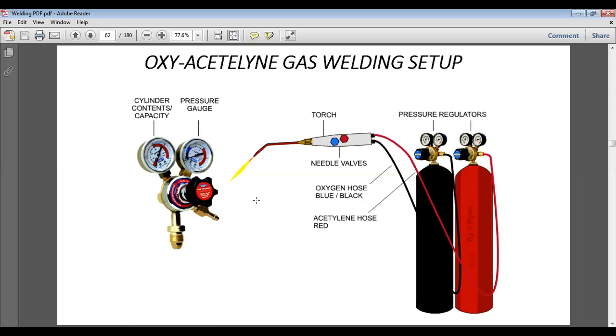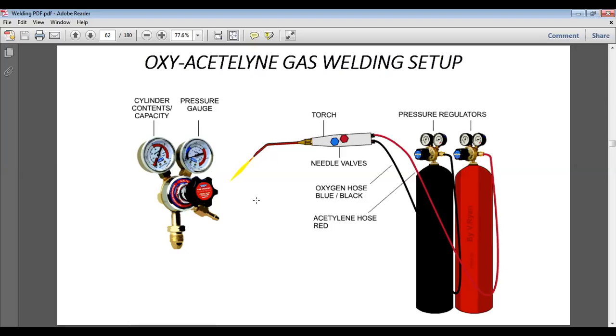These pressure gauges tell how much pressure of the gas is inside the cylinder, how much pressure is being taken out, and with how much pressure the gas is being sent to the mixing chamber. So these pressure regulators or pressure gauges are important to know how much pressure the gas has.